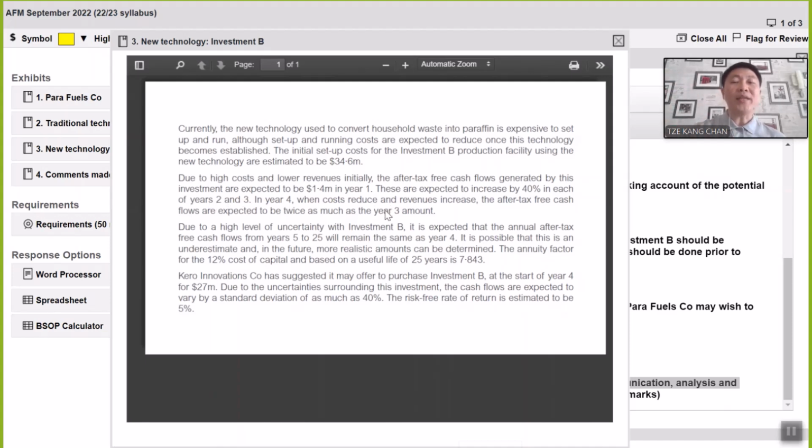Knowing that this project lasts for 25 years, the cash flow estimated from year 5 onwards until year 25 is the same as year 4. With all this information, that already provides you the range of cash flows on investment B. At the same time, a discount rate of 12% as well as annuity factors for 25 years are provided. Finally, it tells us that this competitor may offer to buy the investment at the start of year 4, in other words at the end of year 3, by paying the company Parafield $27 million.